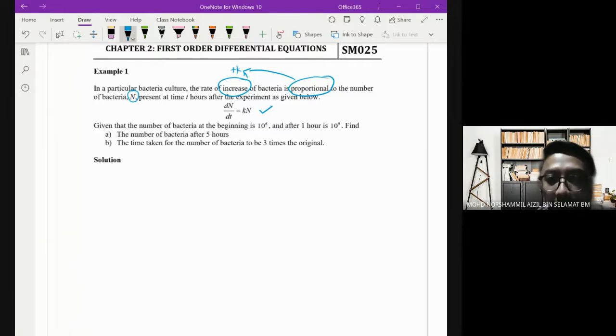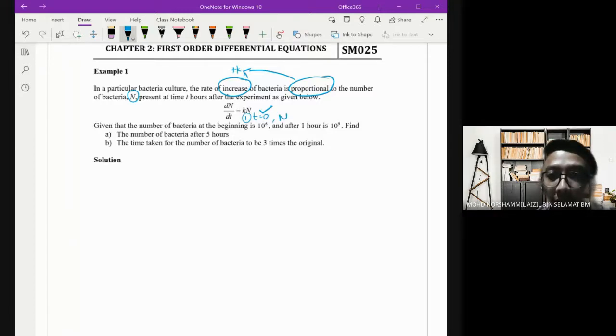Given that the number of bacteria at the beginning is 10 power of 6 and after 1 hour is 10 power of 9. Guys, given to you here are the conditions. What does it mean? Given two conditions kat sini. The first condition is when t equals 0, at the beginning. Maksudnya when t is 0, time tu baru nak mula lah. Time kosong.